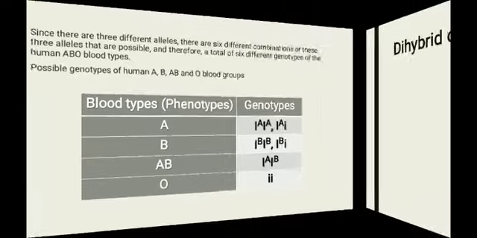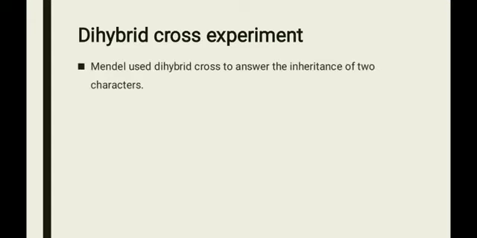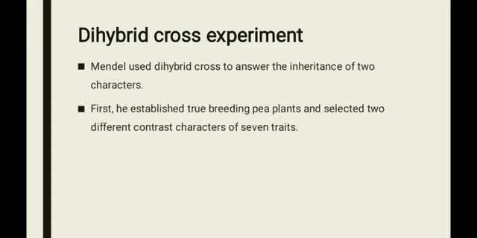The next is a very important concept, the dihybrid cross. Mendel used the dihybrid cross to study the inheritance of 2 characters. First, he established true breeding pea plants and selected 2 contrasting characters from the 7 traits.